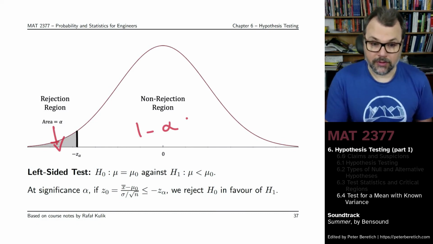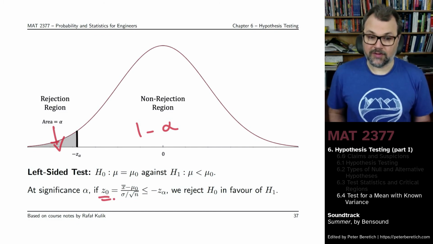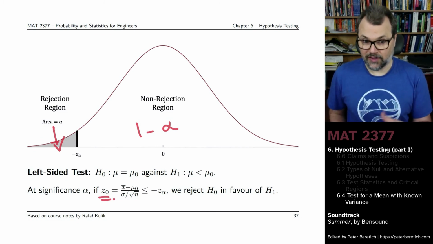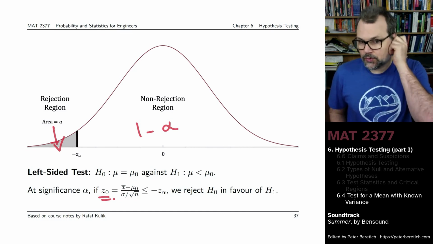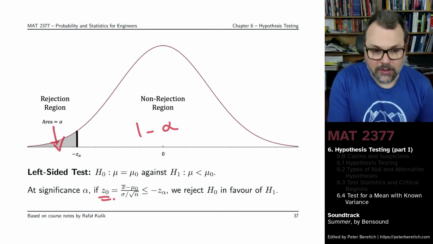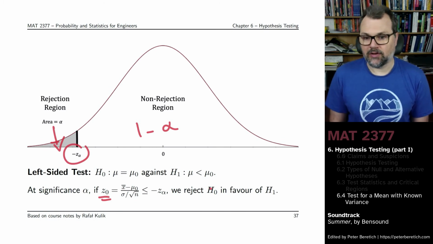You compute the observed Z statistic, so the observed sample mean minus the candidate divided by the known standard deviation sigma divided by the square root of the sample size, and if that quantity is smaller than the critical value that you found here, then you would reject the null hypothesis in favor of the alternative hypothesis.